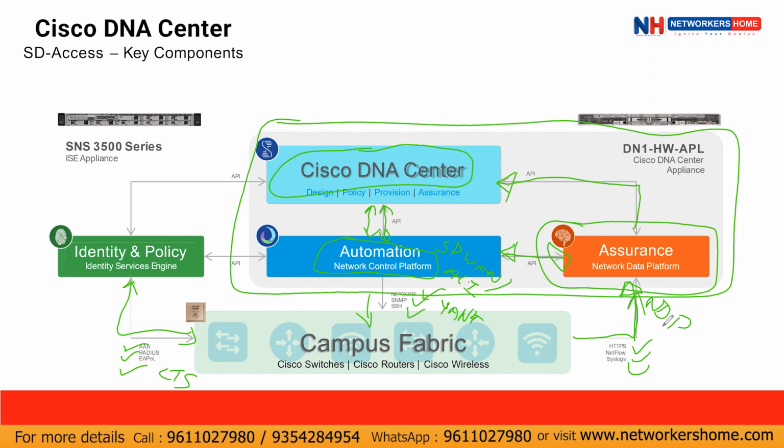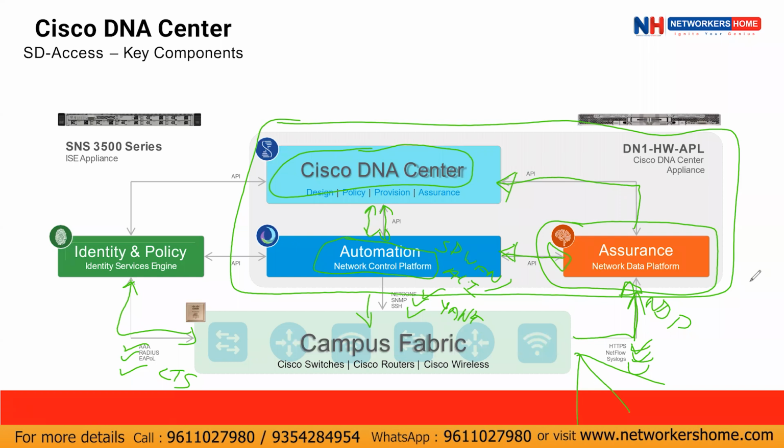If you have an external server, obviously these devices would send it individually to the external devices, but these send this specific data, NetFlow, syslog, and HTTPS, to the assurance engine, so that the assurance engine can identify the problems, or if anything is blocking, or if the device has any health issues.